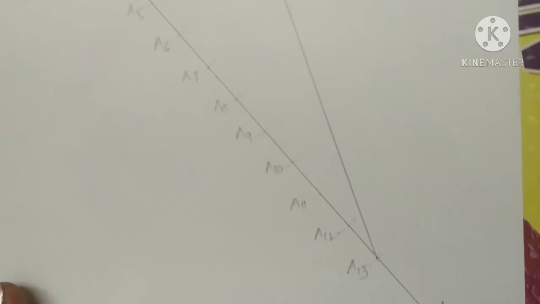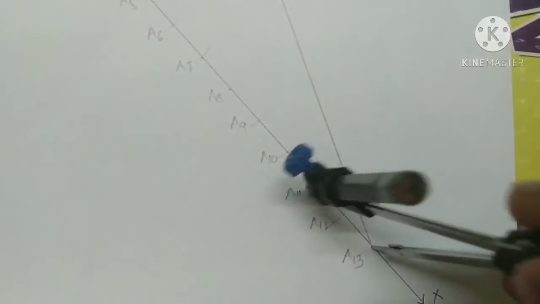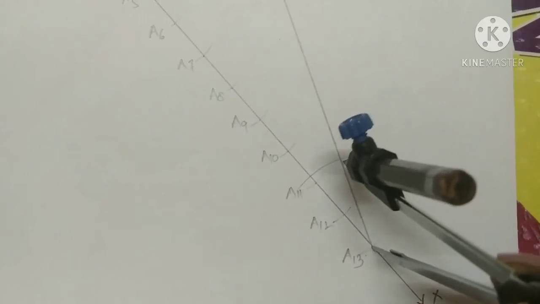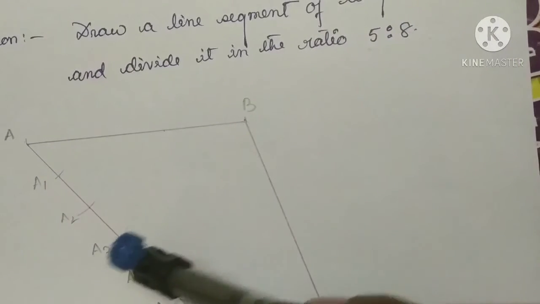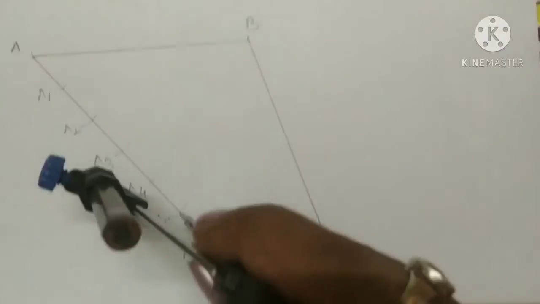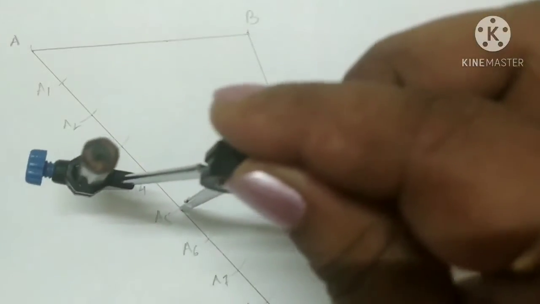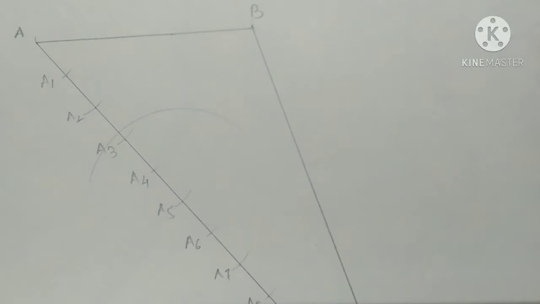And all of you know how to draw parallel lines. So I am taking A13 as the center, any radius according to your convenience, you take any radius. So taking the same radius and changing the center now from A13 to A5. Okay, earlier our center was A13, now our center has shifted to A5, but the radius is same. I have made another arc.